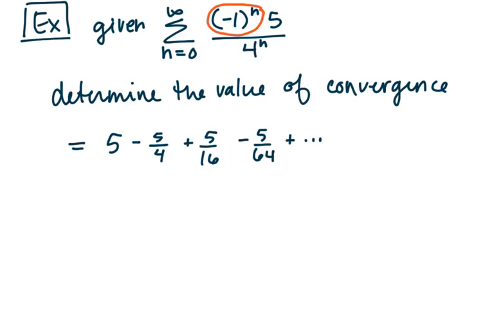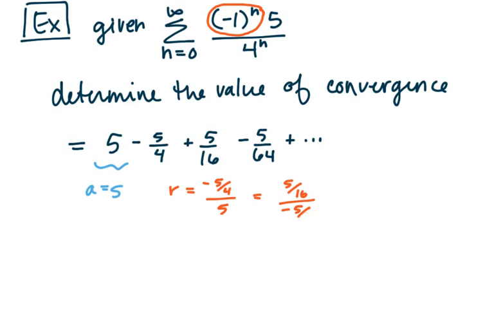We can see what the first term here is, a equals 5. And if we want to find that common ratio, r, that would be like saying -5/4 divided by the term in front of it, 5, or 5/16 divided by the term in front of it, -5/4.